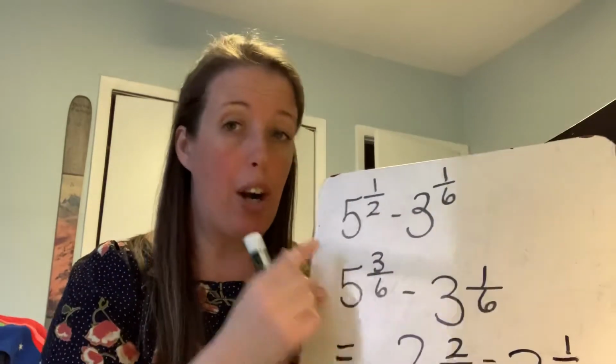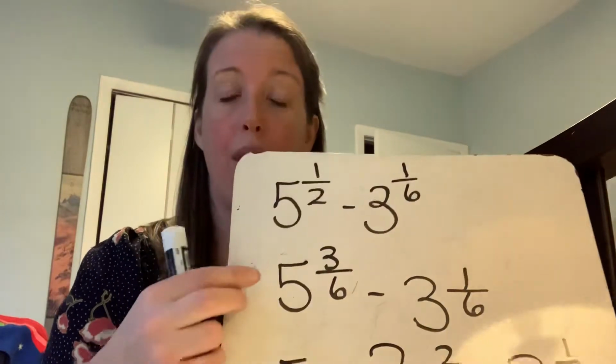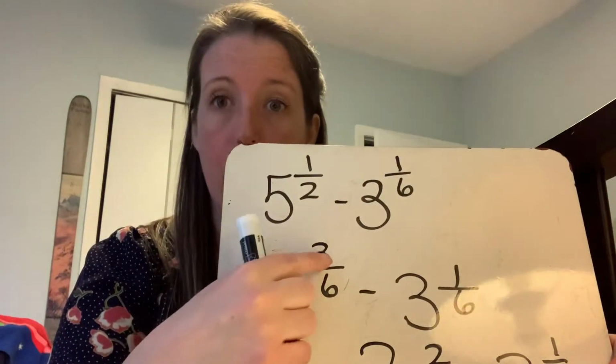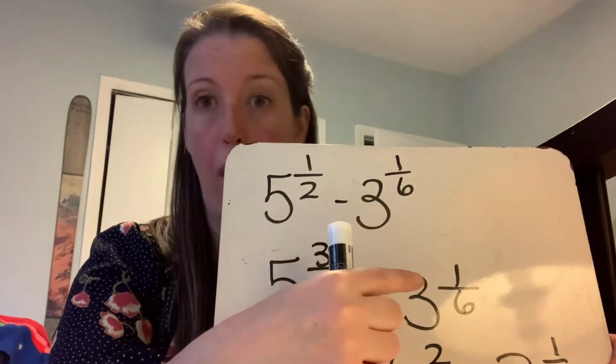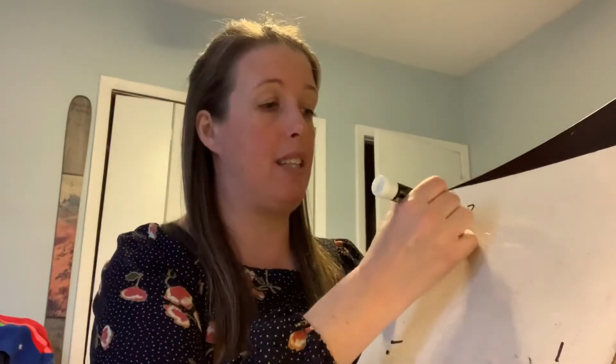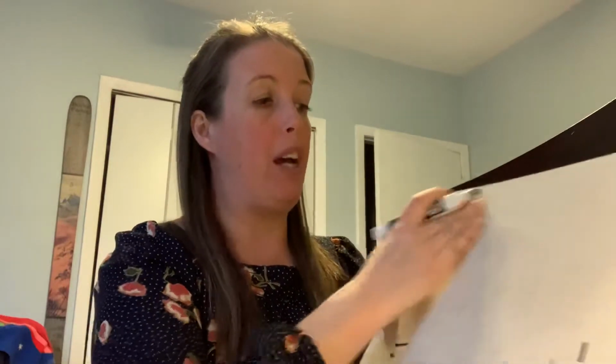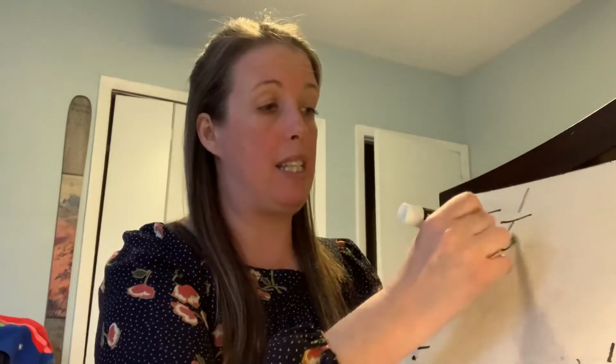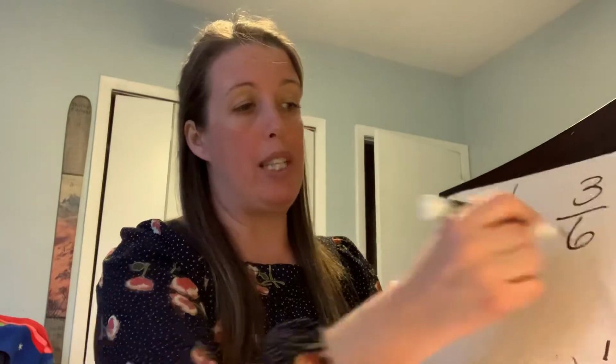Now, here, when we're subtracting, you can see that we had 3/6, and we were taking away 1/6, so we just do our regular subtraction. But there's going to be a time where you might have the opposite. You might have 5 and 1/6, and you need to take away 3/6.